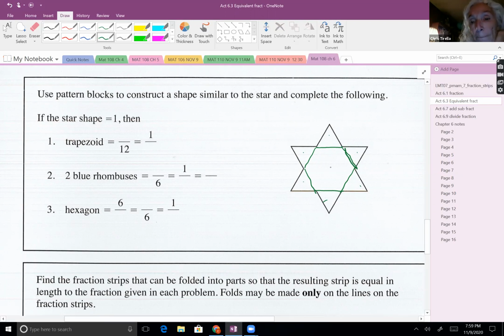Or couldn't the star shape also be made out of 12 triangles?